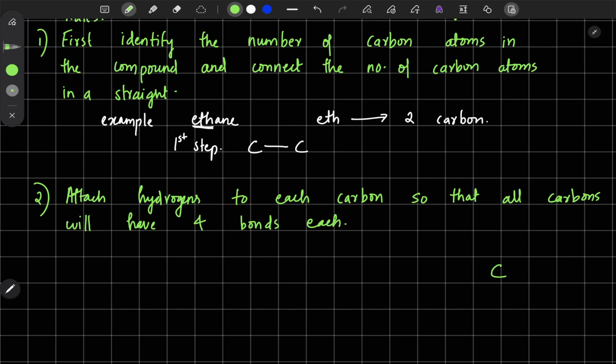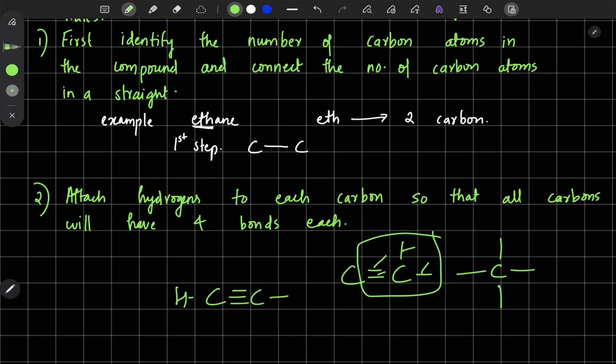If it is single bonds there will be 4 bonds like this. If there is a double bond, then there will be bonds like this: 1 2 3 4. If it is a triple bond, it will be like this: 1 2 3 4 for this carbon, and similarly for this carbon as well.